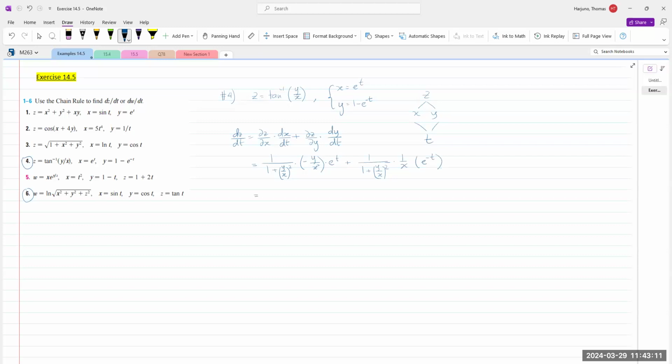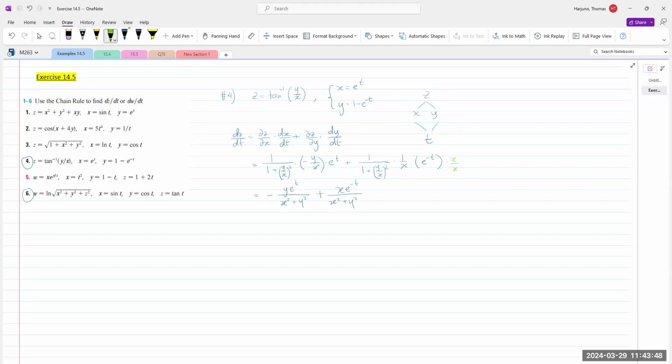Okay, now the first term gives me negative y e to the t over x squared plus y squared, plus the second one I will get x e to the negative t over x squared plus y squared. I multiply the top and the bottom by x just to make it even at the denominator, right? We have x squared on the denominator to multiply by.